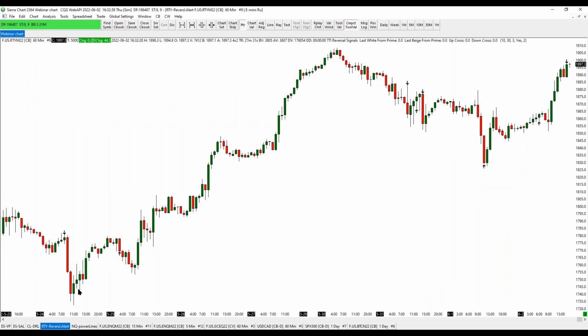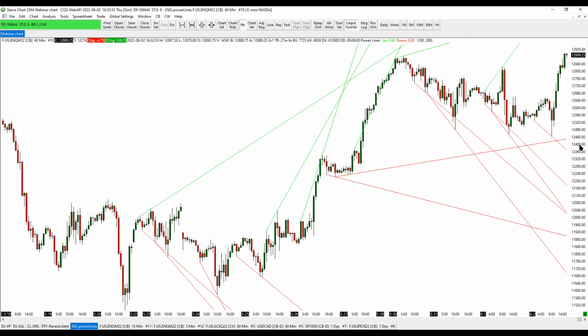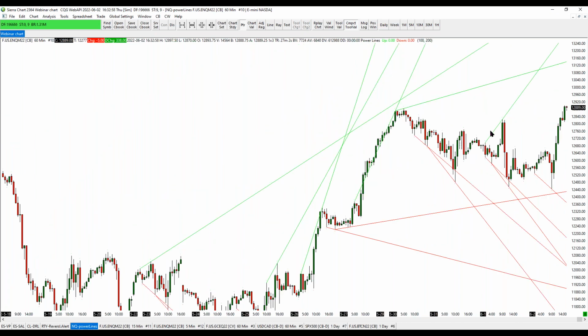So if I go to power lines here, these are the power lines on the NASDAQ. So power lines meaning what? Meaning that you have levels that are created from this indicator, that this bar, this bar, this bar, this bar.